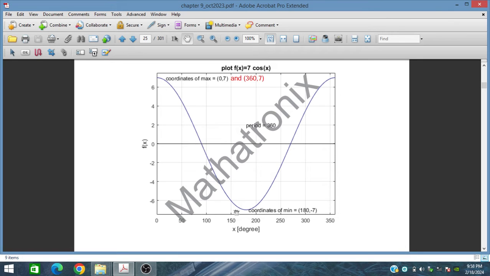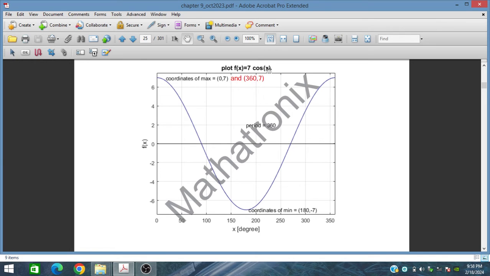At 180 degrees it is minus 7, and here we have 0 at 270 degrees, and here is +7 again. At 360 degrees the value is 7.